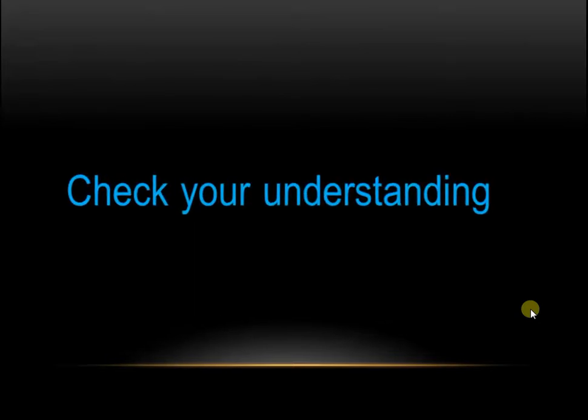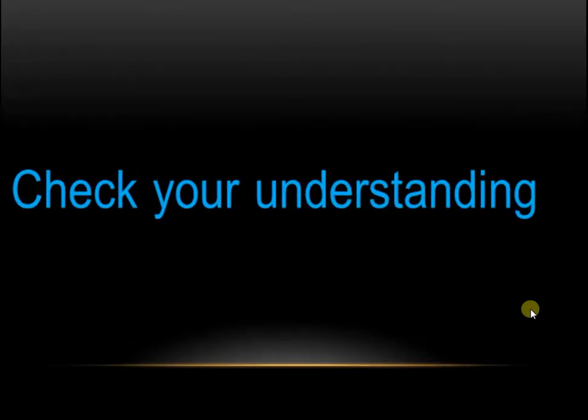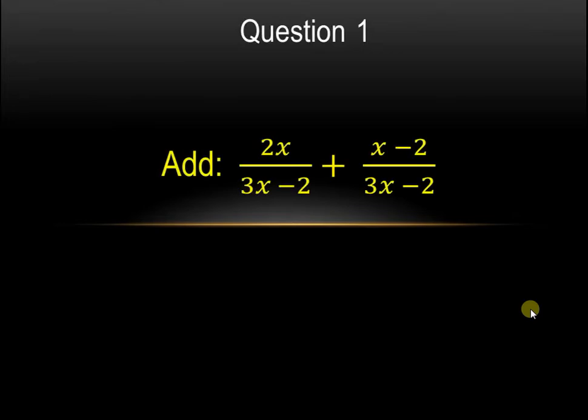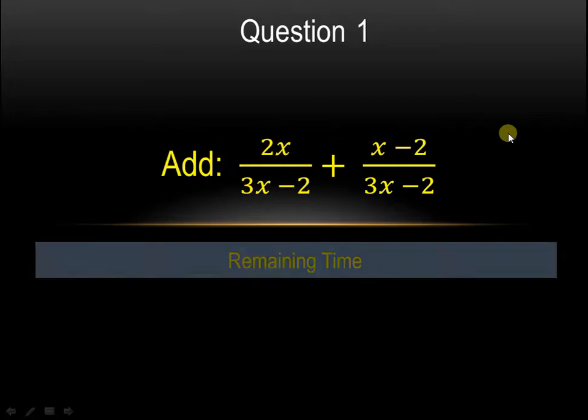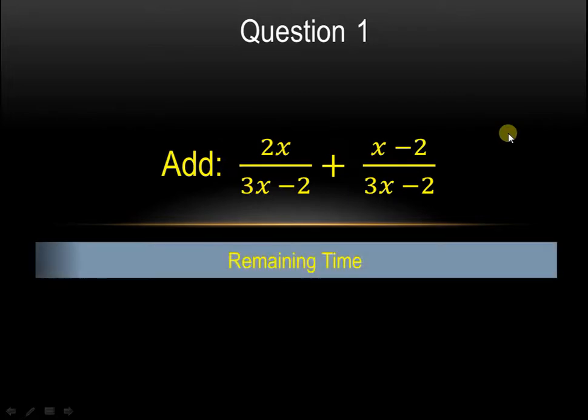Now, we will try to check if you understood the lesson. So let's have our first question. Add 2x all over 3x minus 2 plus x minus 2 all over 3x minus 2. Let's start the time.